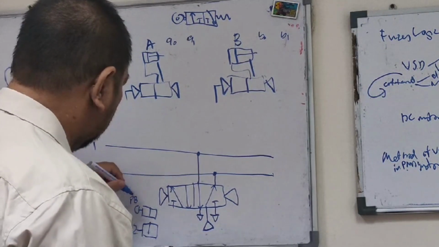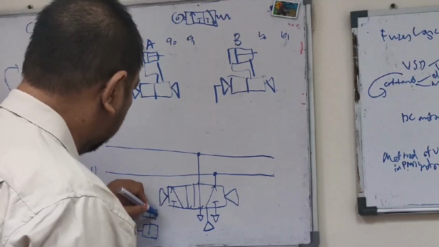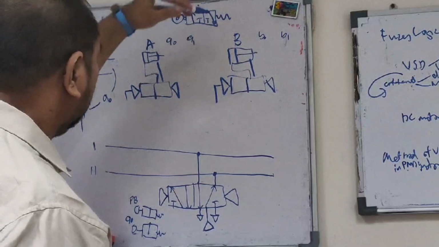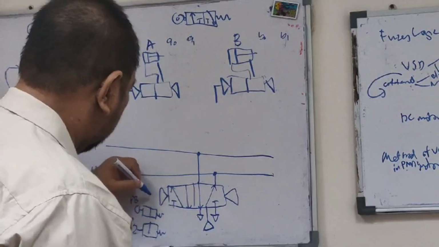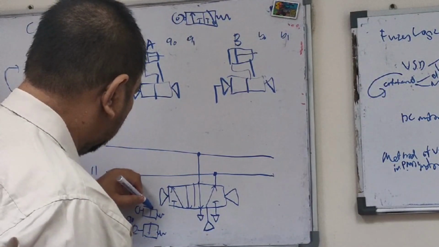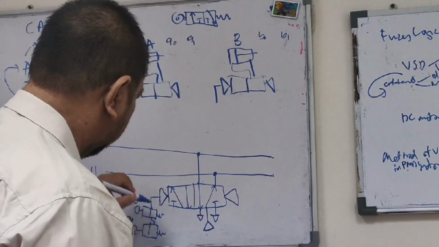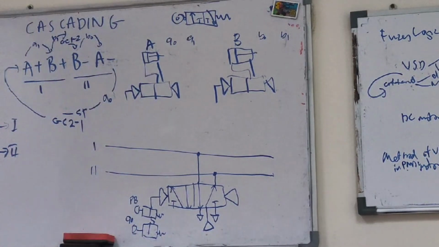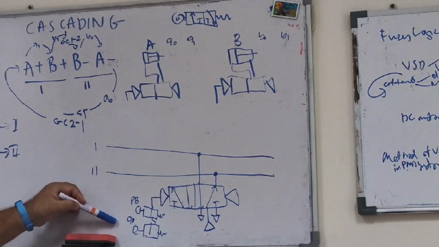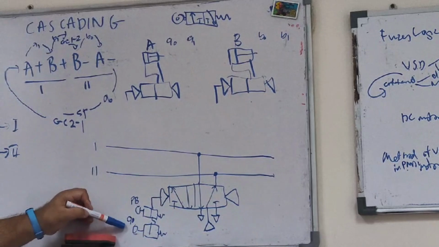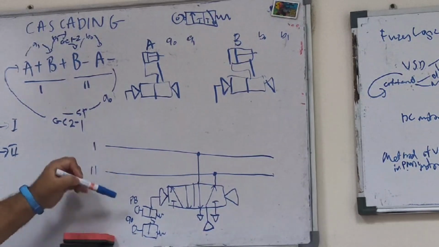Of course this is a 3/2 valve, you must write it completely, 3/2. This one is connected to this part, and this part is connected to here. So when A0 is activated, the retraction of A0 is active, but it needs a push button.